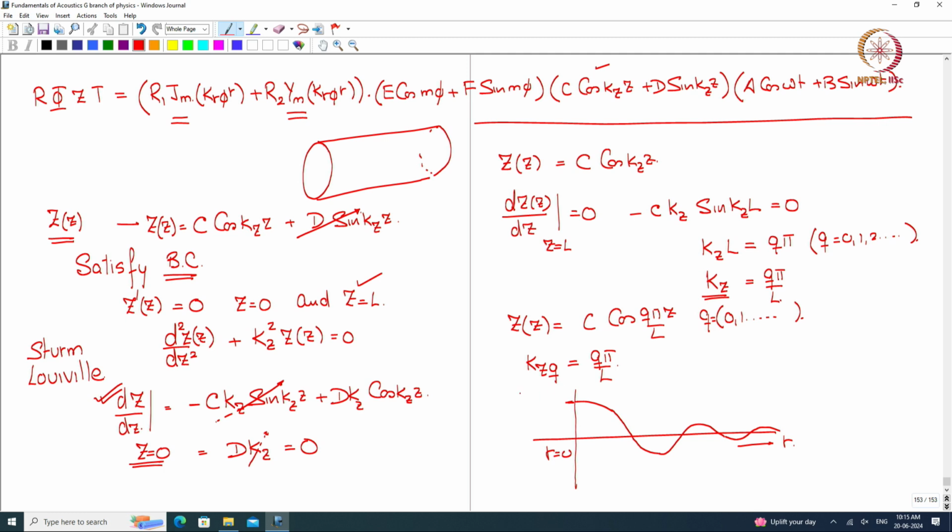This is your J0, and J1s are also similar. J1, J2, they are all similar. Okay, they start off at 0 and start to oscillate, and they go through oscillations and decays. Whereas the Y's, all of them start at infinity at r equal to 0. Okay, at r equal to 0, Ym go to infinity.